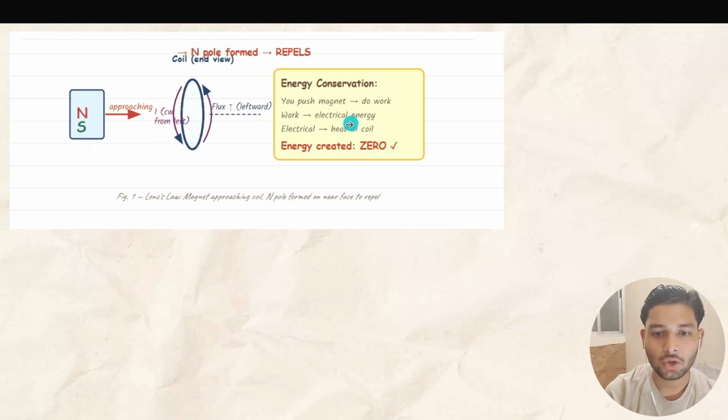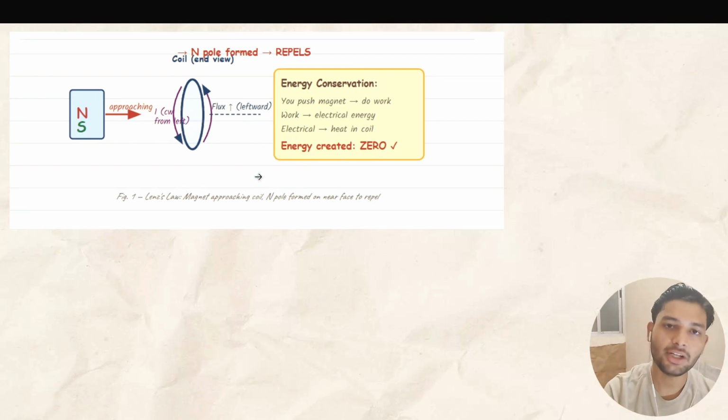You push the magnet, do work, and electrical energy converts into heat in the coil, so net energy created is 0. Whatever energy you push into the coil is formed into electrical energy, and that electrical energy is released as heat. Nothing is created, nothing is destroyed, so the energy remains the same. So in Lenz's law, with the magnet approaching the coil, a pole forms on the near face to repel. This is the diagram about that.